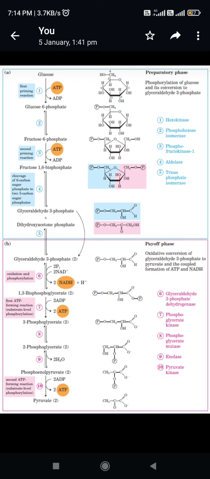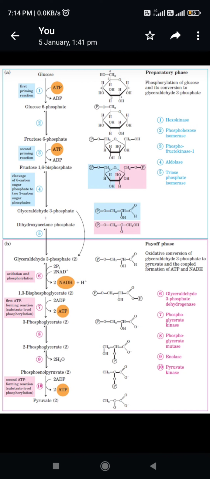The fourth step is the cleavage reaction. The 6-carbon sugar is converted to 2 molecules of 3-carbon sugar in the presence of the enzyme aldolase. Glyceraldehyde 3-phosphate and dihydroxyacetone phosphate are formed from fructose 1,6-bisphosphate.